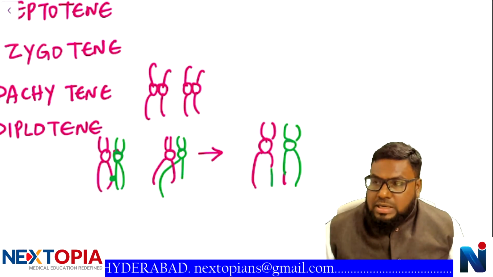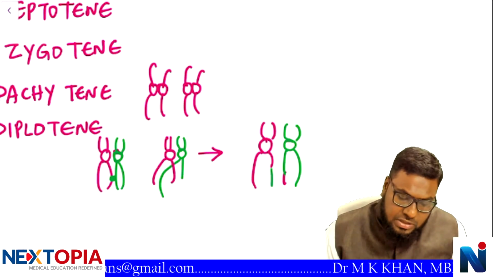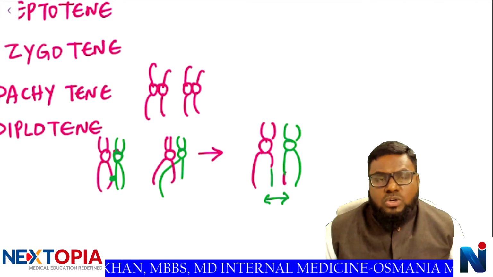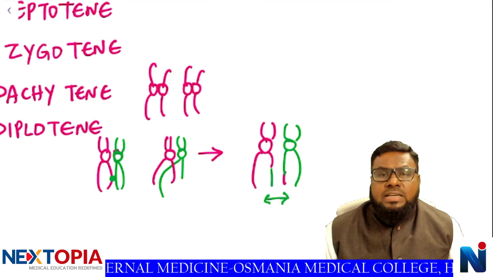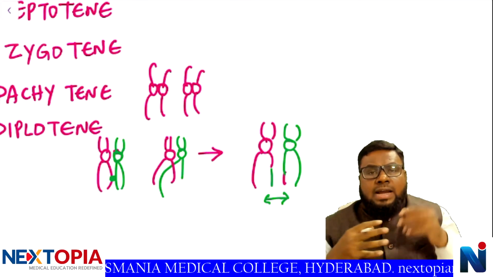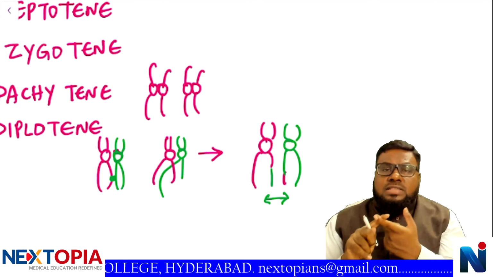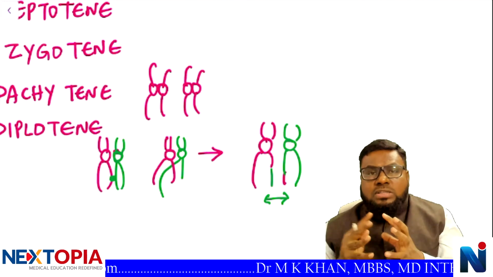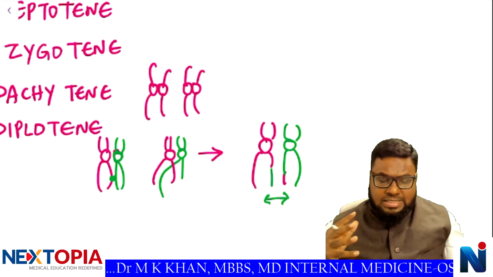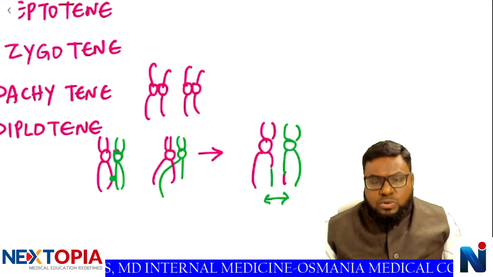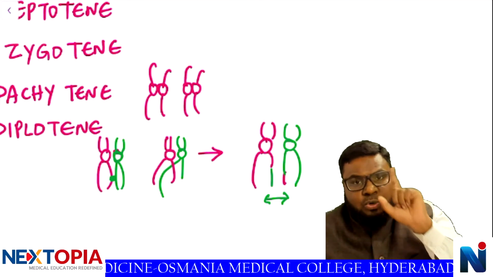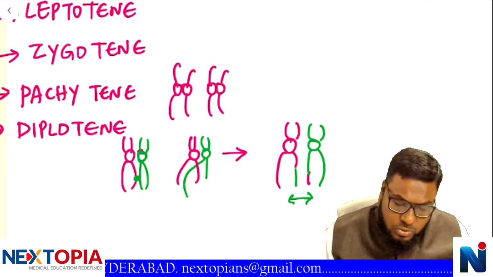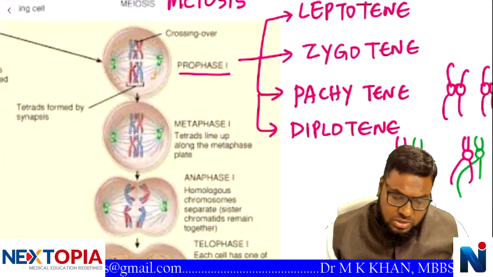So here exchange of material has occurred between these two sister chromatids. The two chromatids become coiled to each other, intermingle, and cross at certain places. I'm showing only one place of crossing here, but they cross at multiple places. Breaking occurs and union occurs, and then the chromosomes exchange material. So this is all about prophase 1.